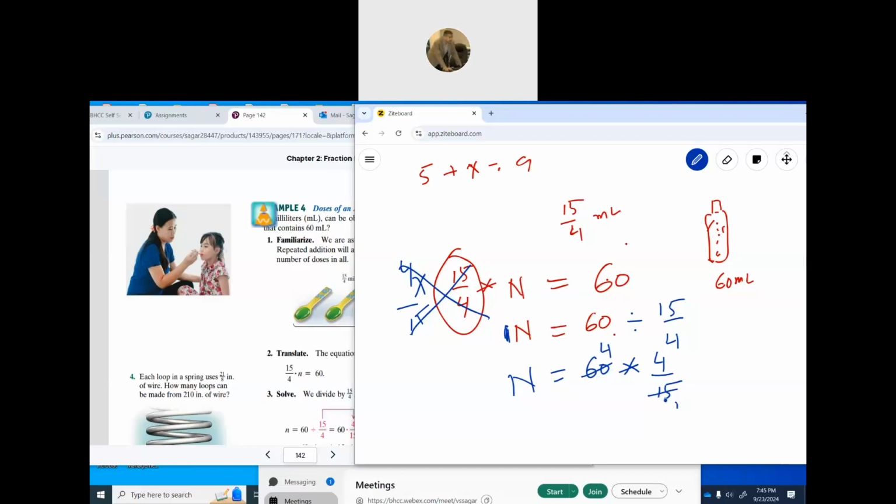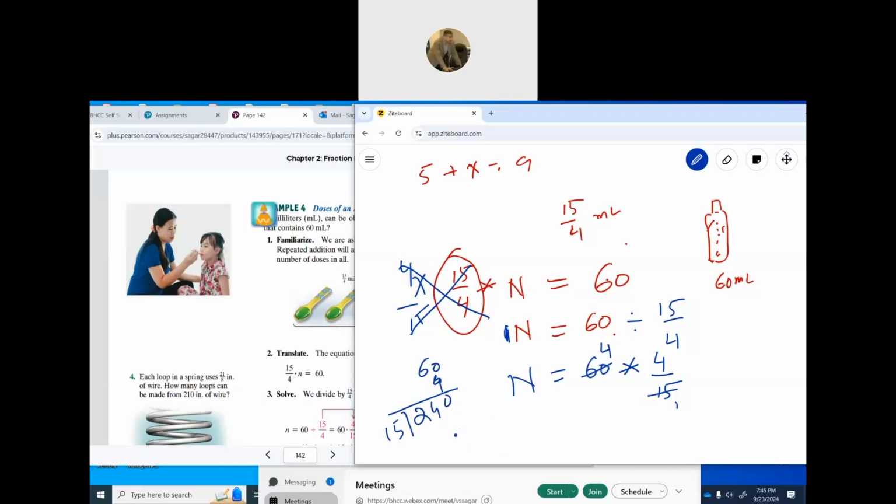You guys have a calculator, right? You could cancel this, or if you don't understand it, we just learned canceling, or simplifying. Or you could do 60 multiplied by 4, which is going to be 240, divided by 15.